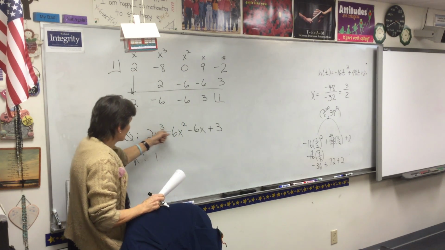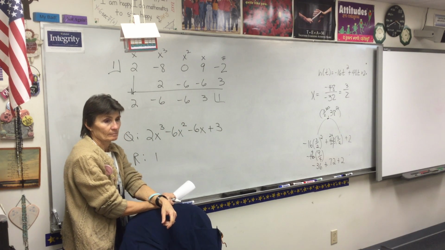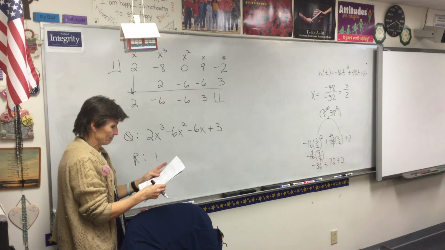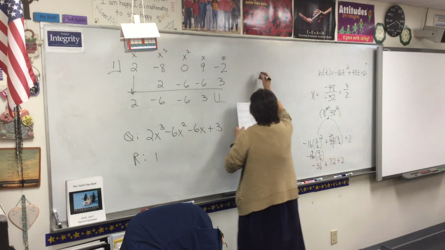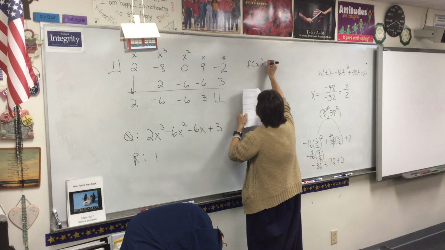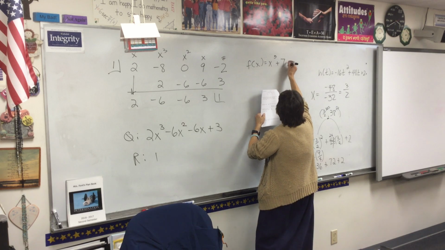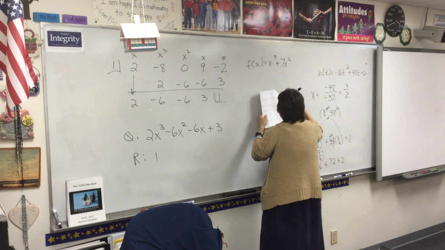Write down in order. 3, 2, 1, go x. And that's it. That's your quotient and your remainder. No, there's going to be an answer blank. You're going to put it right there in the answer blank.